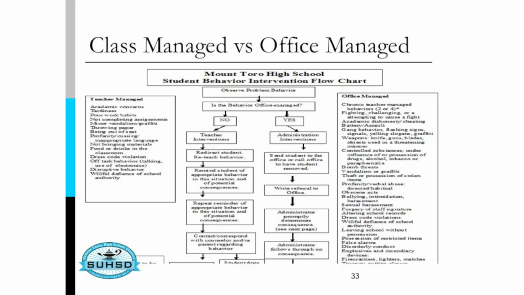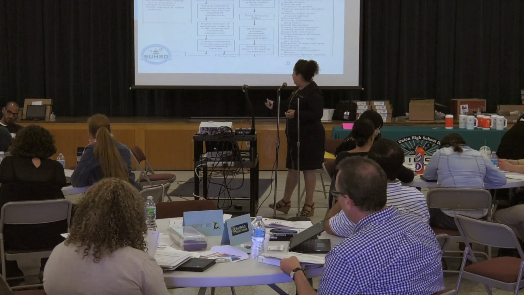There's a whole flow chart of what's minor and what's major. These systems were created by the school sites. They would put something together, then come back together and hash it out with their teachers, and everyone would come to agreements, and then they'd move forward.